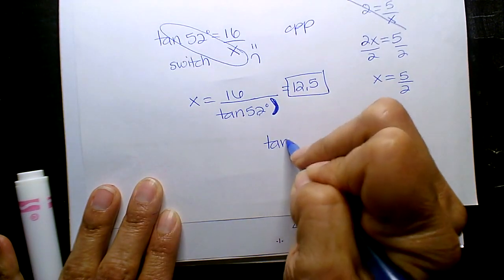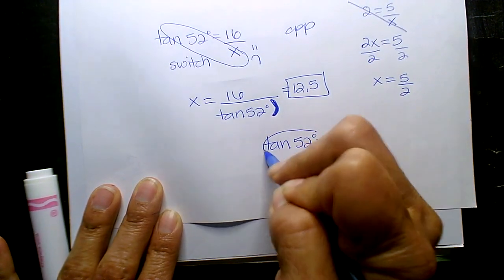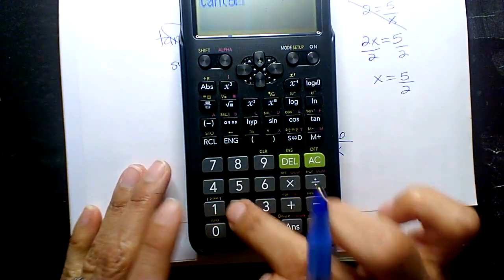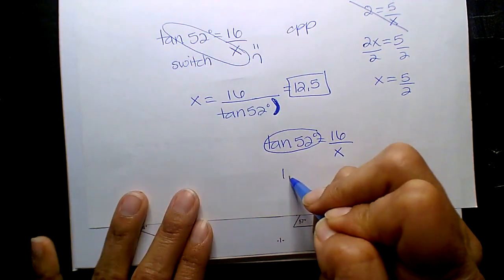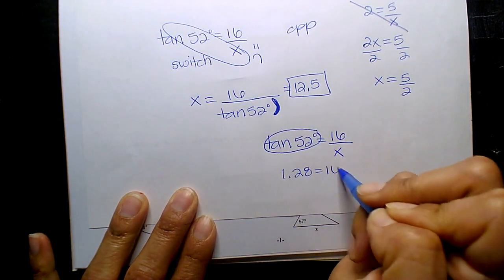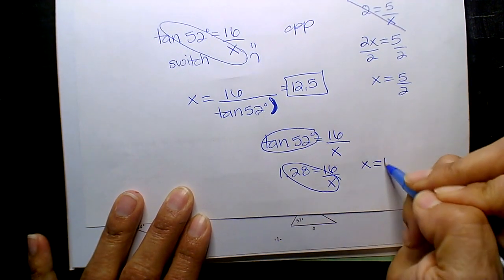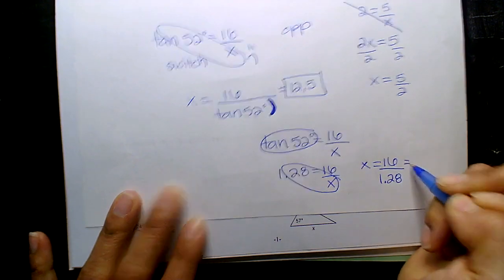And obviously, if you would like to take it into several steps, if you would rather change this in the calculator, there's nothing wrong with that. Tangent of 52 is 1.28. And then say you want to switch. So x is equal to 16 divided by 1.28.